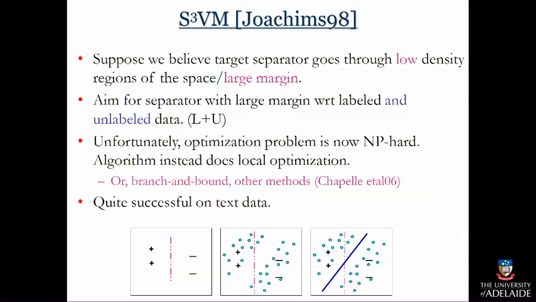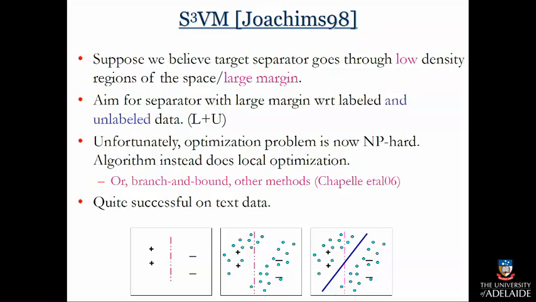Okay, so actually, the second optimization method is using branch and bound. Branch and bound is an optimization method for discrete optimization problems. But it's still NP-hard, of course.